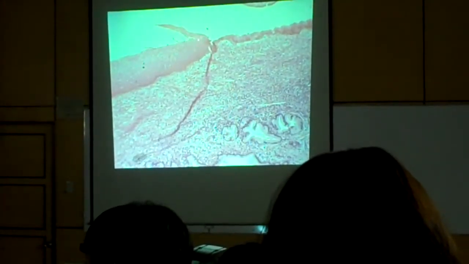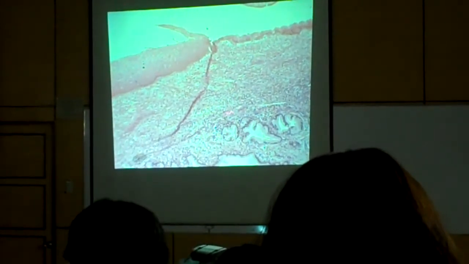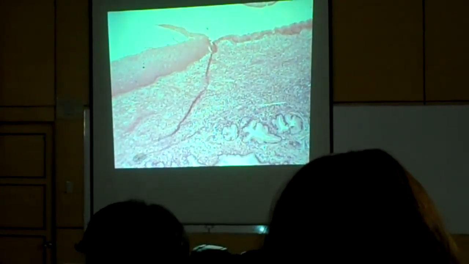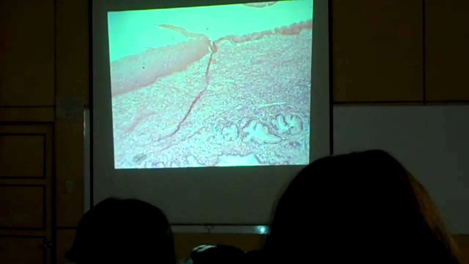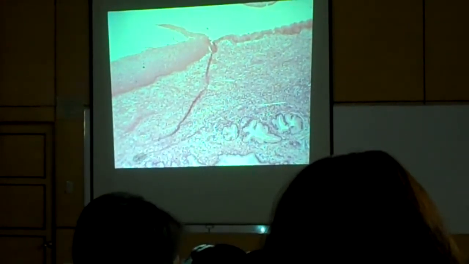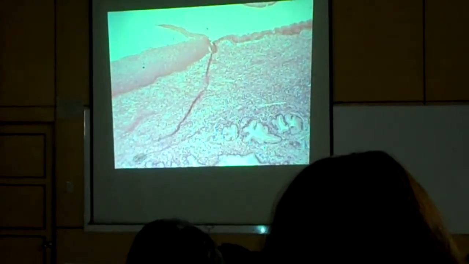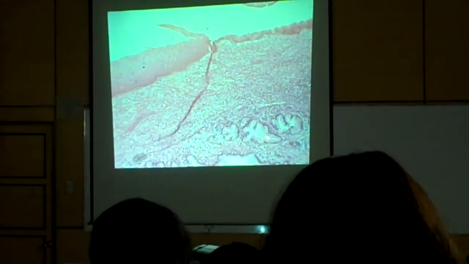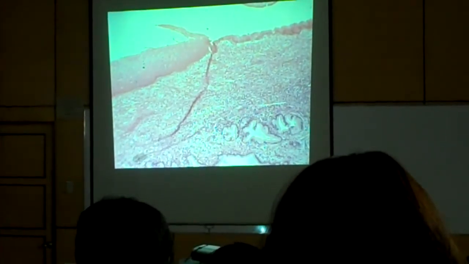Okay, underneath this, in the lamina propria, you will see many endocervical glands lined by mucin-secreting simple columnar epithelium. Okay, so mucin, it contains mucinous material.